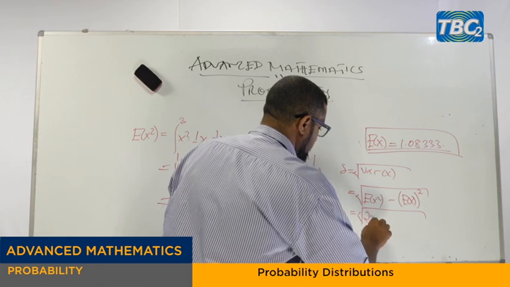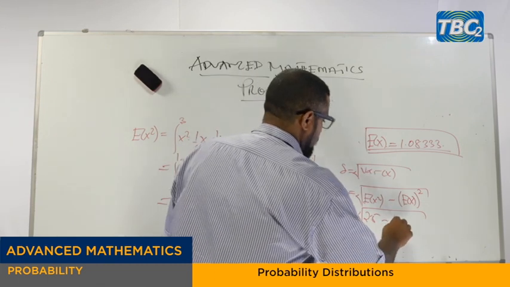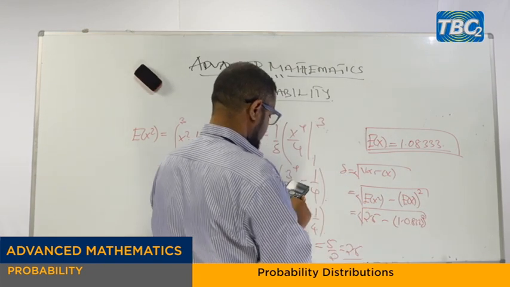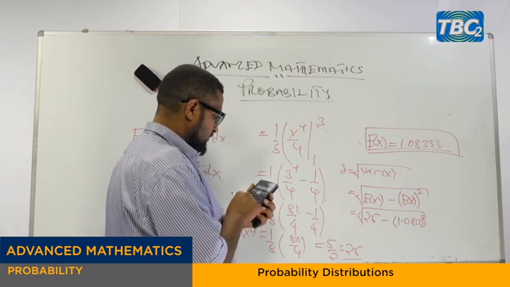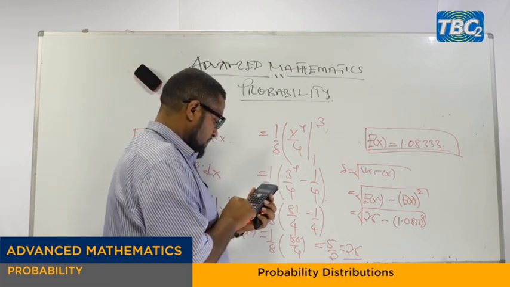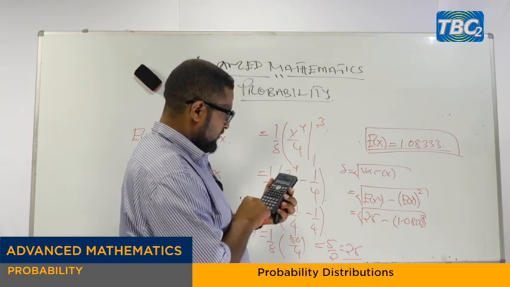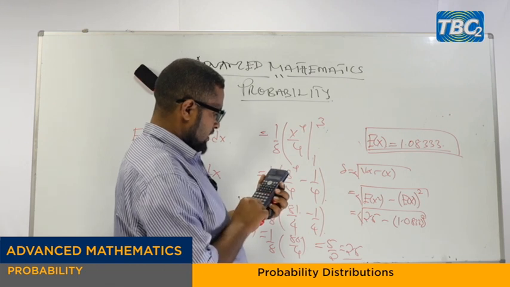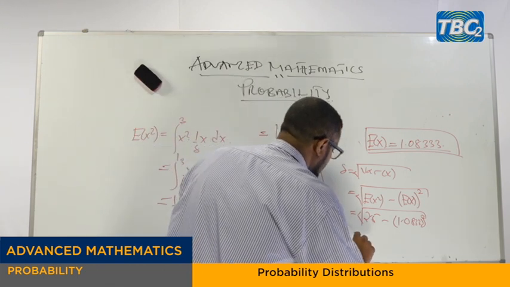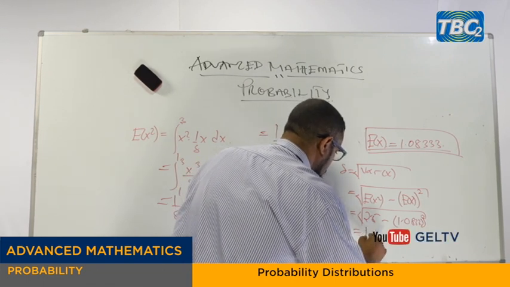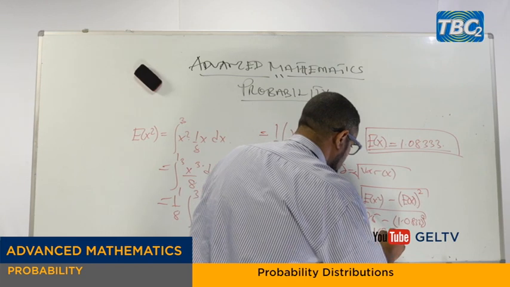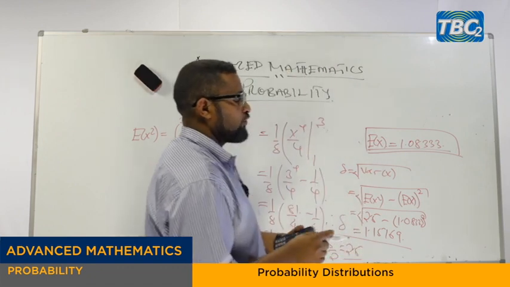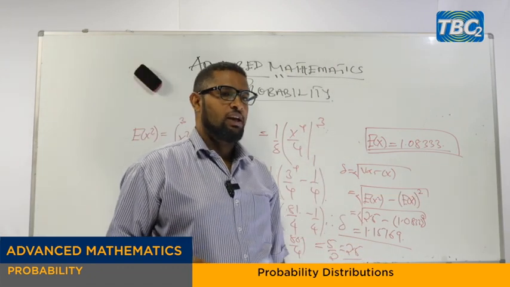So here it is 2.5 minus 1.08333 squared. Use your calculator again. The value here of the standard deviation is 1.15169. And that will be the final solution of our question like that one.